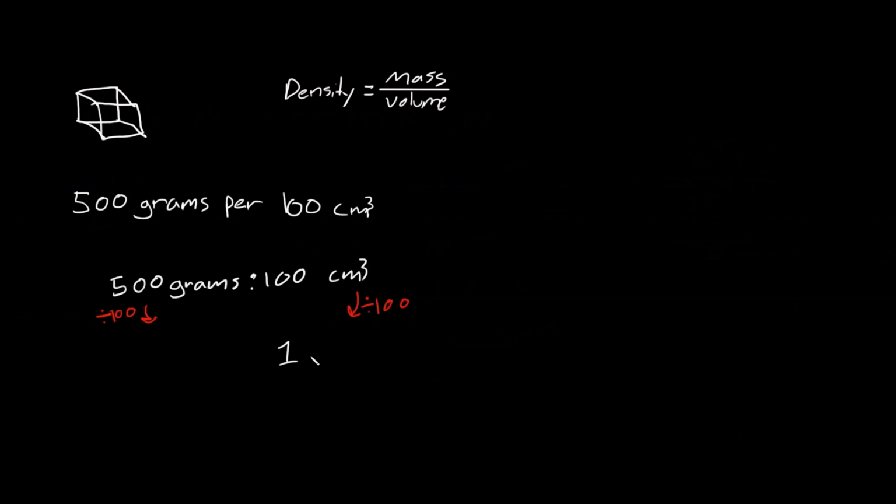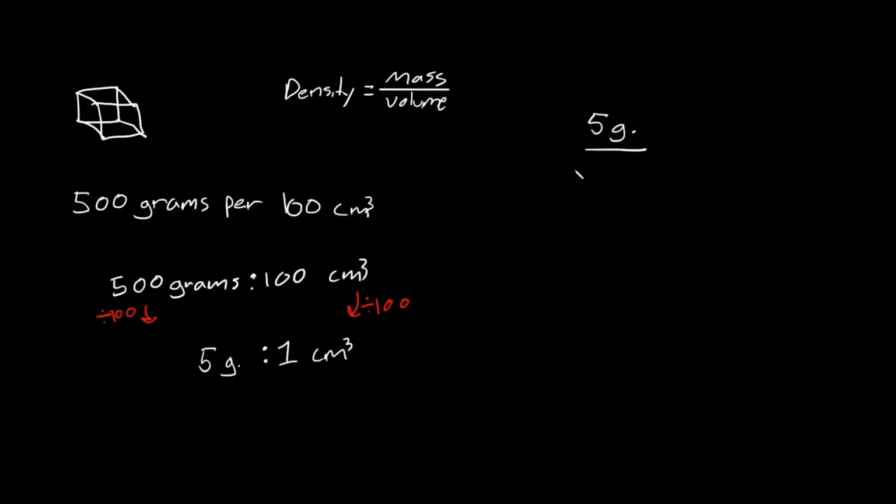So this will be 1 cubic centimeter. And then 500 divided by 100, well, that's the same thing as 5 divided by 1. That's just going to be equal to 5. So we have 5 grams, or we can just write that as g. And we want to know the density per cubic centimeter. So we take this formula up here. Our mass is 5 grams.